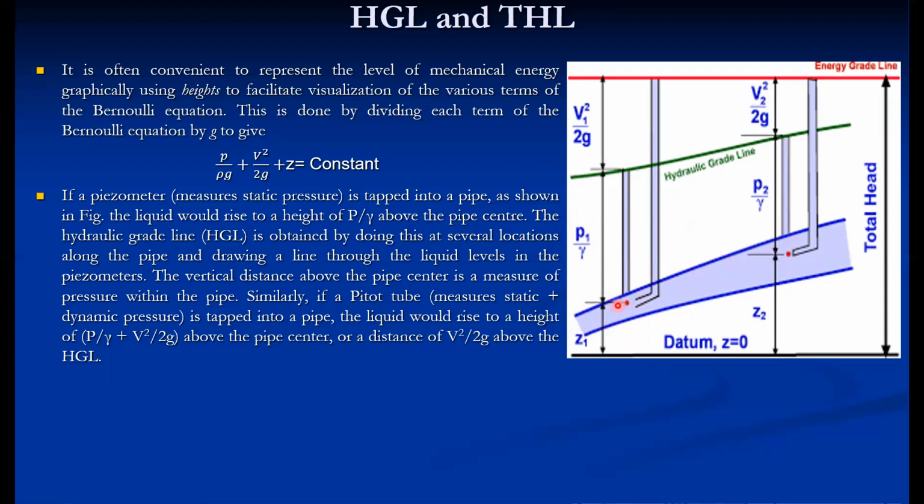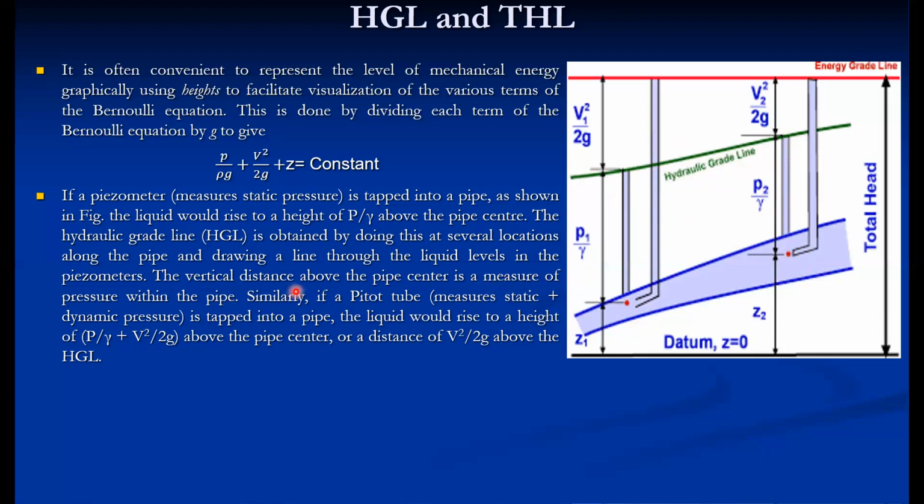Obviously, because of the lower cross section, the pressure here is low and the pressure here is more, and the height is also high. That's why this is at higher elevation. The line joining these piezometric heads is called the hydraulic gradient line.